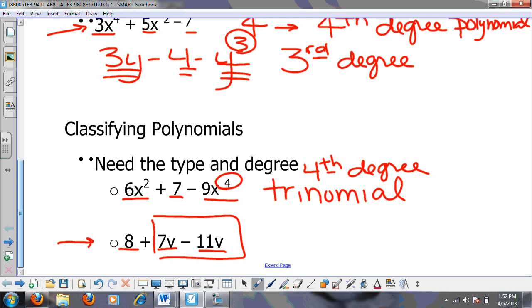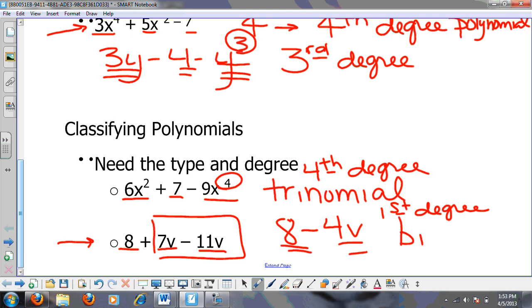What does that become? Negative 4b. So 8 minus 4b is what my answer is. Now that totally changes it. It doesn't change my degree. It's a first degree. A first degree what though? 8 is a term and 4b is a term. So it is a first degree binomial.